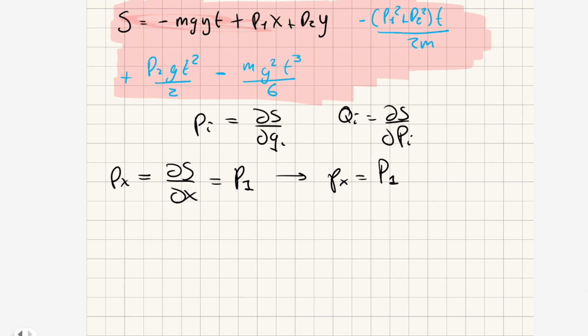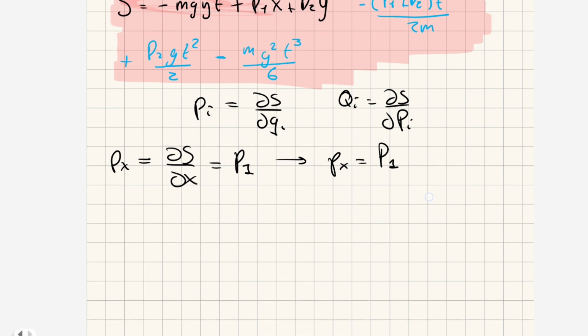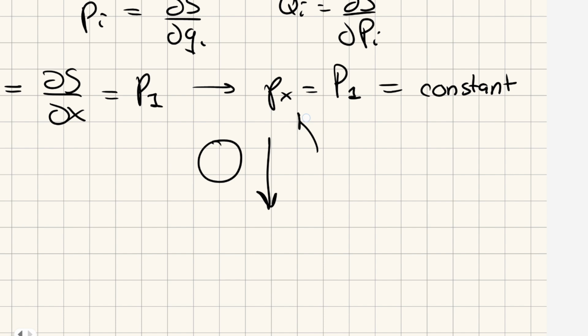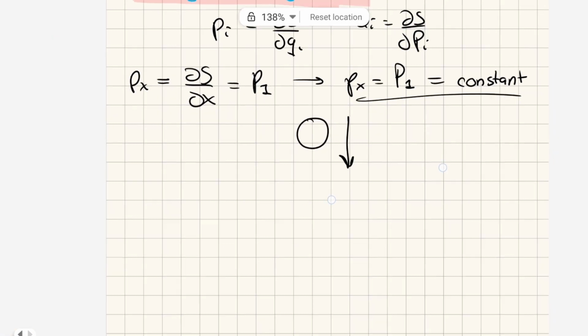We have been explaining why these letters are representing constants of motion. So px is going to be a constant, which is something that we should expect, looking at the particle, which is in free fall on a uniform gravitational field, but the motion that is accelerated is only on y, right? So in x, there is no acceleration, so that's why the linear momentum in x is a constant. Okay, so this is a result that should be expected.